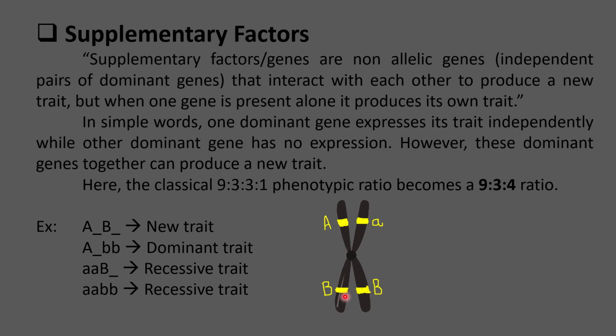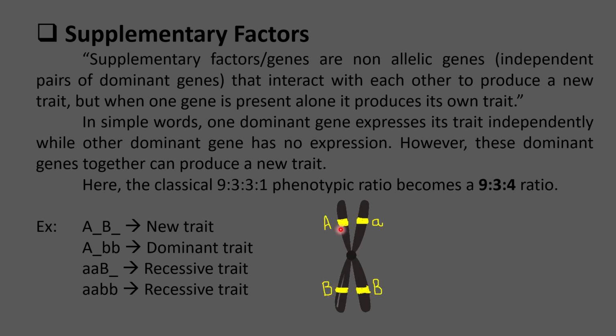But when one of these genes is present alone, it cannot produce the same character. Say, for example, A and B together produce a red color product.